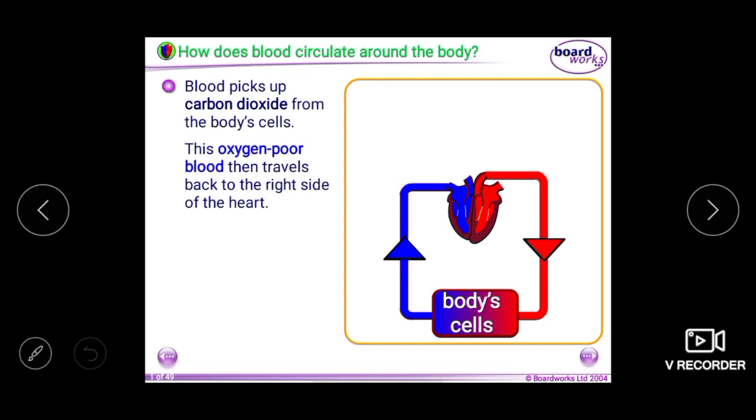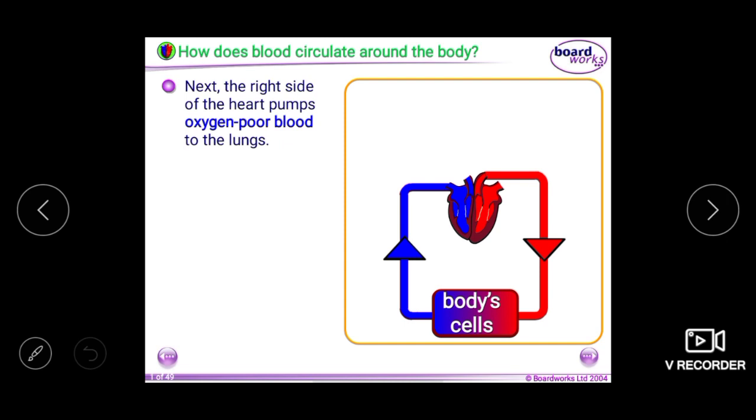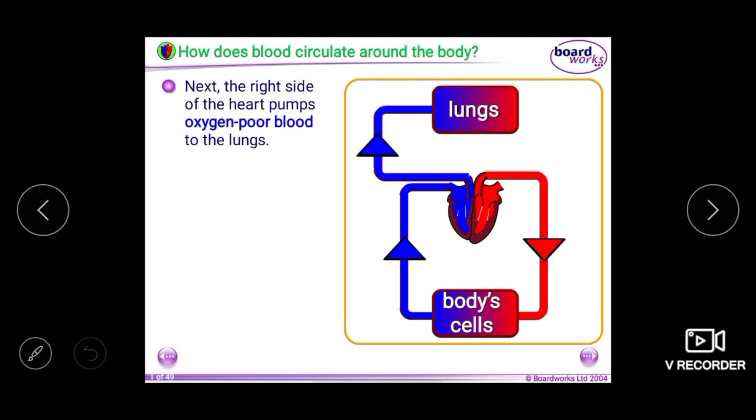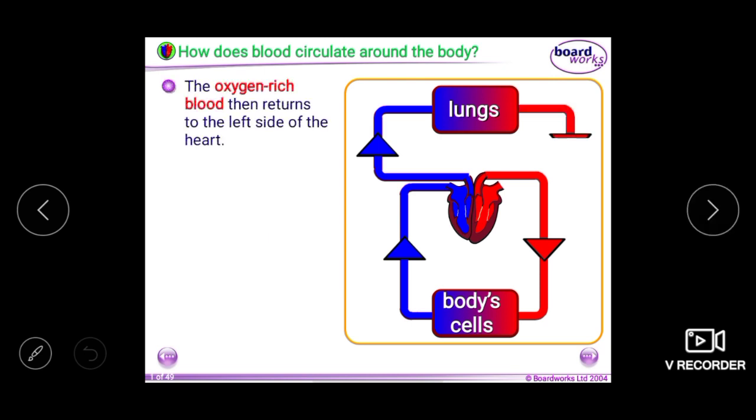On reaching there, again it must be pumped to the lungs so that it is able to pick up more oxygen. On picking up more oxygen, it comes back to the heart. So on coming back to the heart, we can say that it is now oxygenated blood.